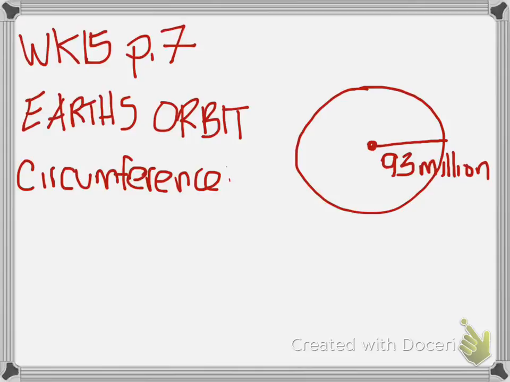Well, in order to figure that out, we base off of our equation earlier. We were saying that the circumference divided by the diameter is equal to pi. So if we want the circumference, it's going to be the diameter times pi.